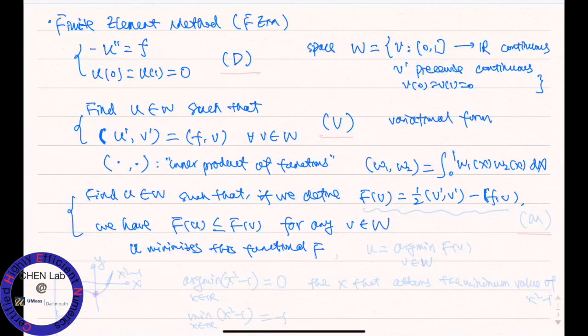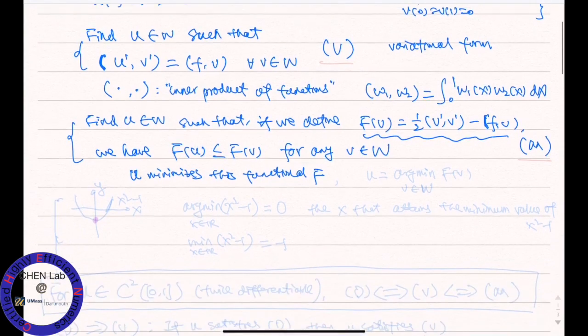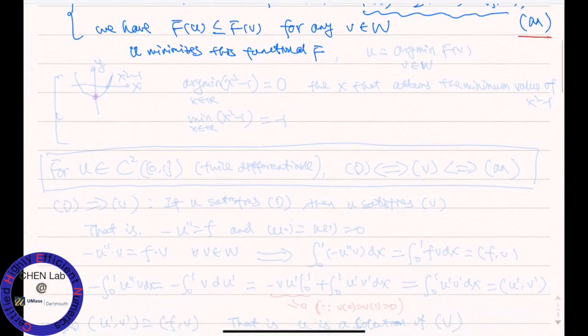If you change v, this functional has a different value, but it goes through all the v's and finds the v that minimizes this. That would be the solution u. We're going to call this the minimization problem. So we have D, we have V, we have M: problem D, problem V, problem M.